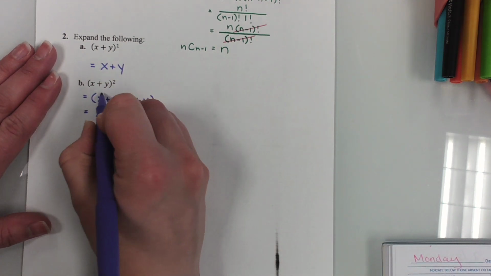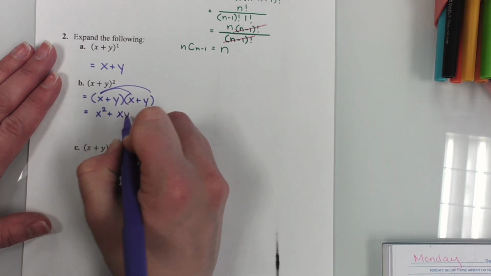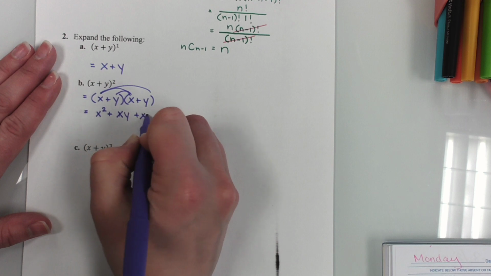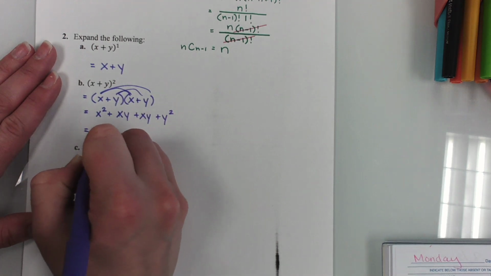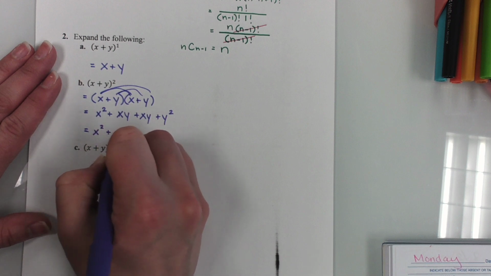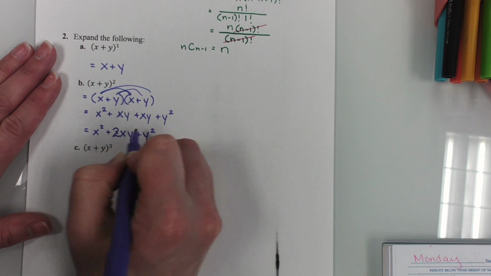Yep. We get x squared plus an xy plus another xy. Those two will combine, plus y squared, and indeed we'll end up with x squared plus 2xy plus y squared.